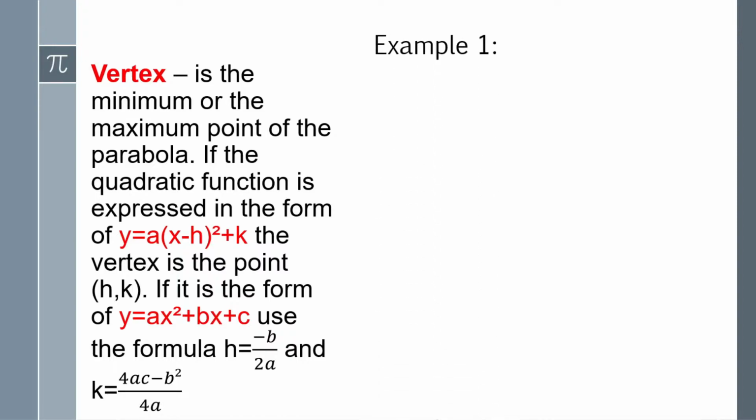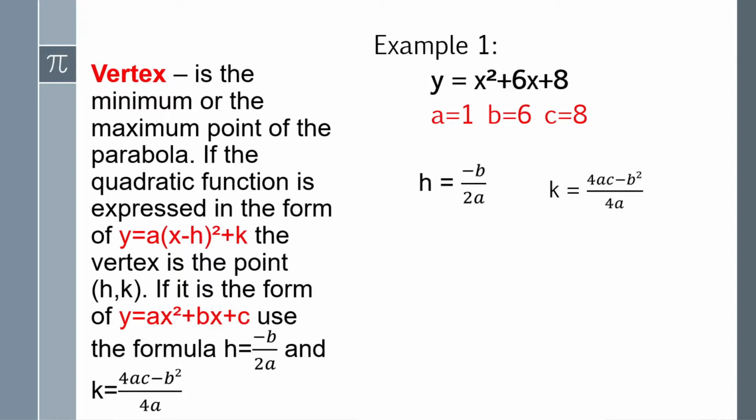So example number 1. Given y = x² + 6x + 8, identify first the value of a, b, and c. a is equal to 1, b is equal to 6, and c is equal to 8.